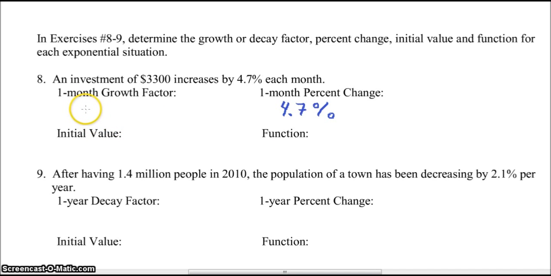The growth factor, I know, is simply going to be, well, 4.7% is the same as 0.047. I know my growth factor is going to be 1.047.